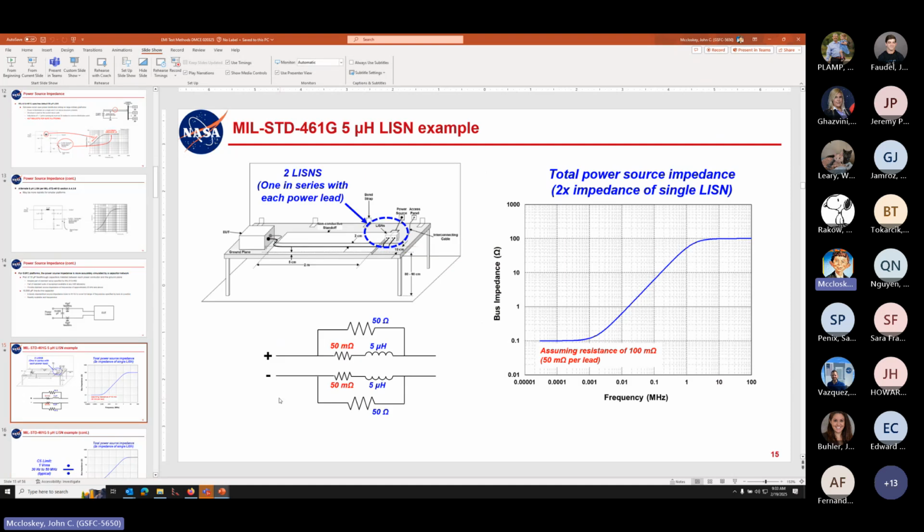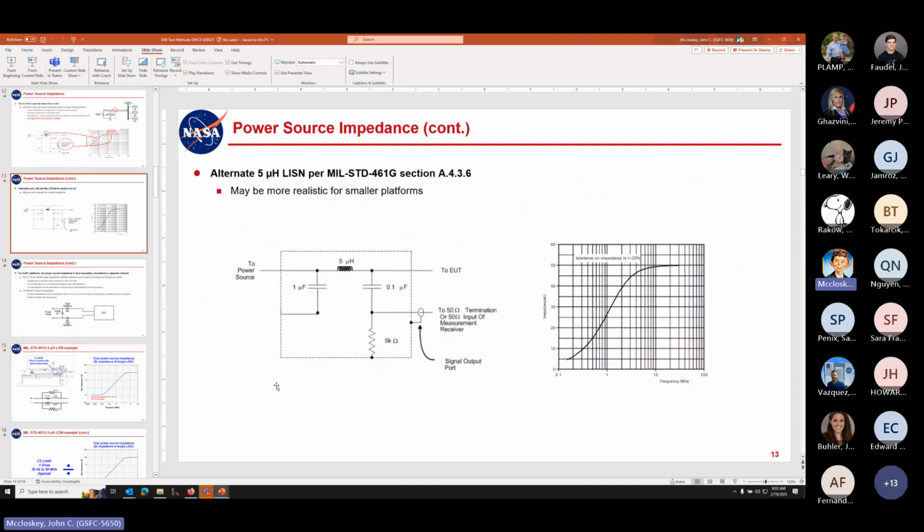But what we have here for the 5 microhenry LISN and the 50 ohms, the impedance is with respect to structure, and that's called a line impedance stabilization network. So they're similar, but they are different, and you need to pay attention to which one you're using. You're putting both in series with your power feed, but you need to make sure that you understand which one you are using.